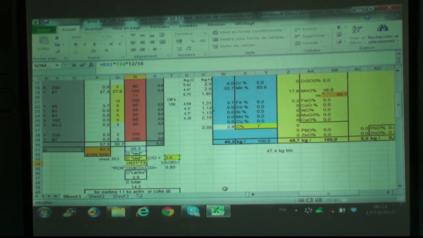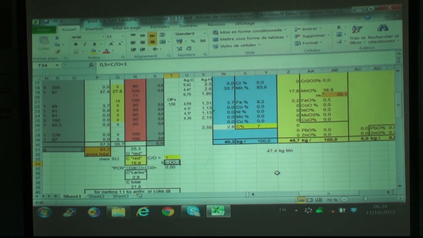12 is carbon, and you see, let's assume if I put 1, that means that all that carbon is transformed only to CO. And that means then this value 18.9 is nothing other than take 25.3 times 12 over 16.